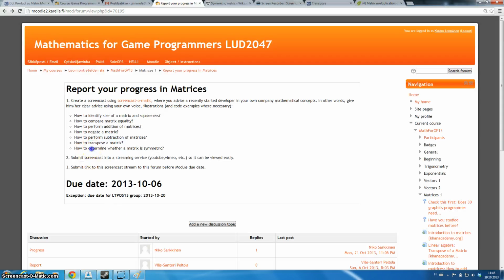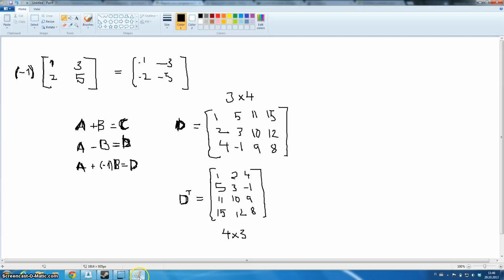And the last question was to determine whether a matrix is symmetric. The symmetric matrix is when, let's say this is A, 3, 5, 2, 4, 3, 4, and let's say this is a 1.